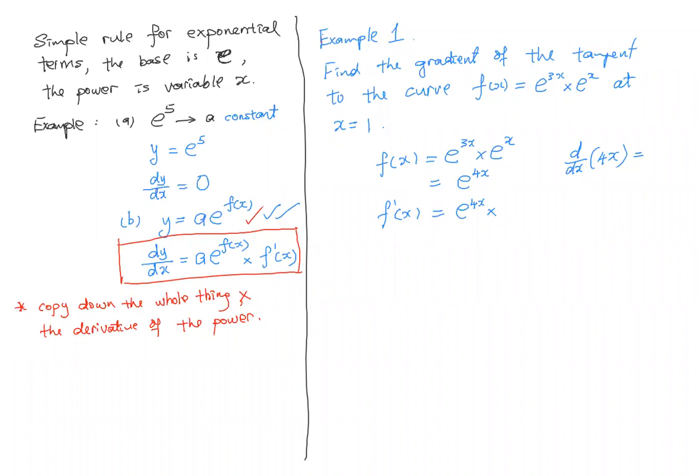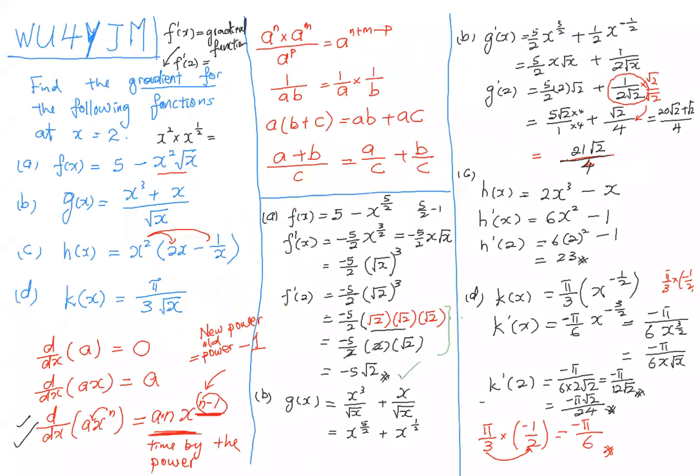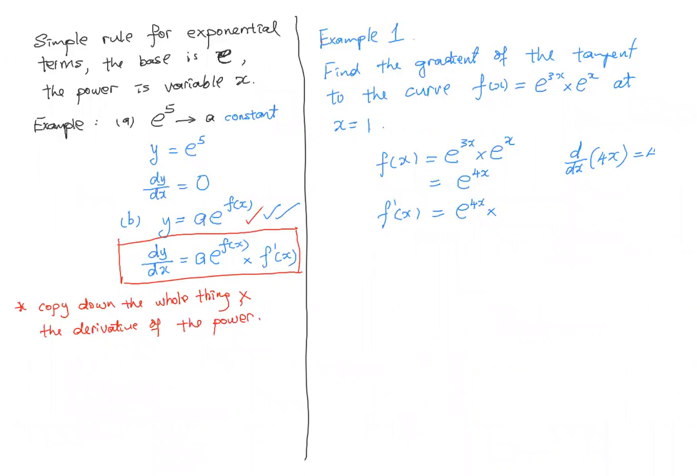The derivative for 4x is 4, because it is a number. So the answer is 4e to the power of 4x. Now I want it when x equal to 1, so 4e to the power of 4 times 1. So it's 4e to the power of 4. Done.